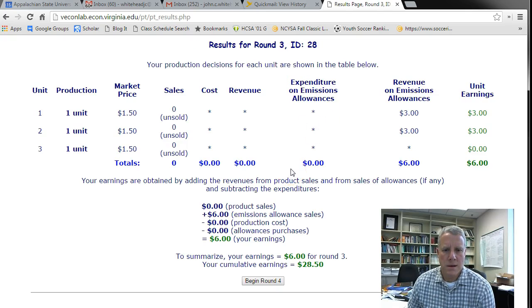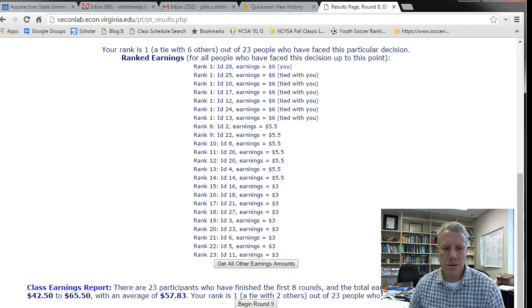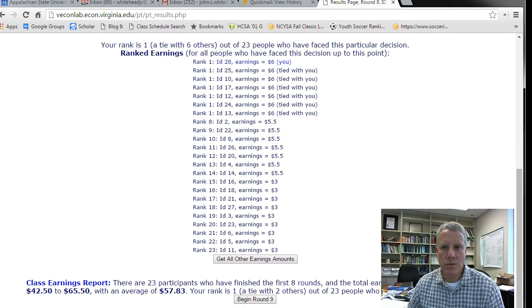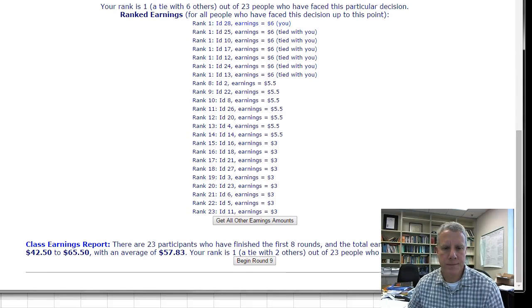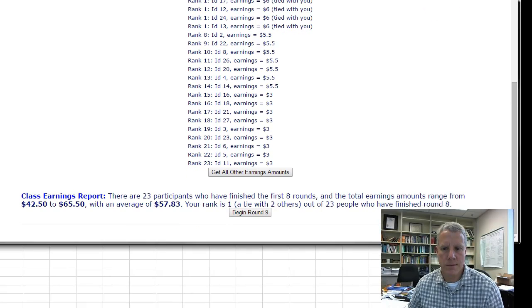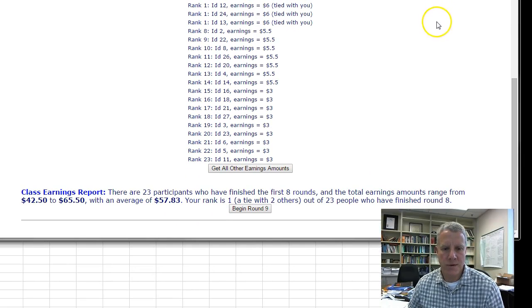And I earned $6 by selling both of my permits. So now I've jumped ahead through the first 8 rounds, and I have followed that decision rule where I produce as long as the price exceeds the fuel input cost plus the opportunity cost of the pollution permit of $3.